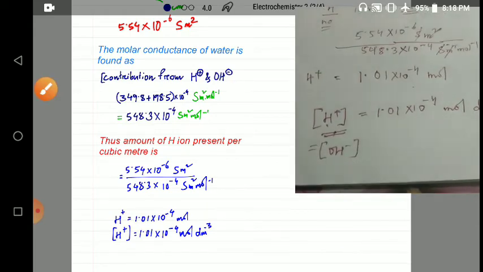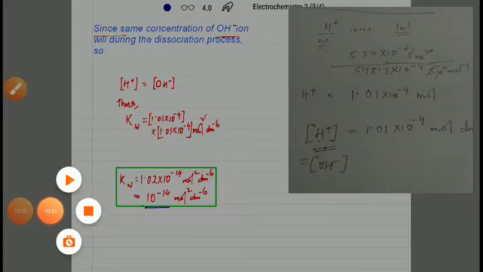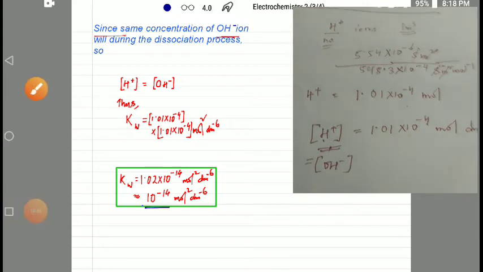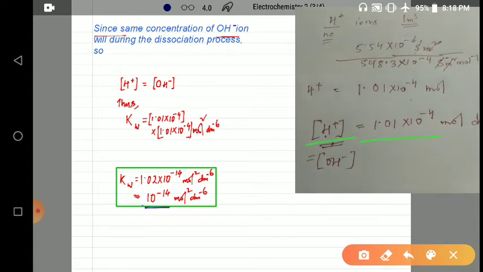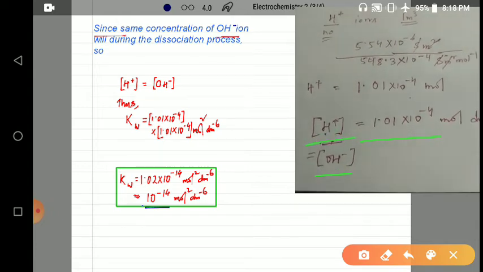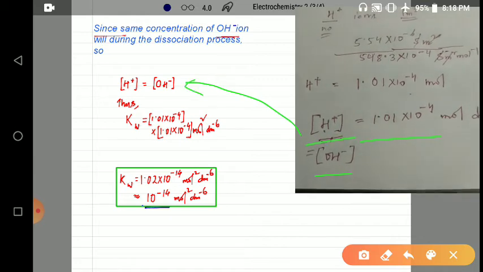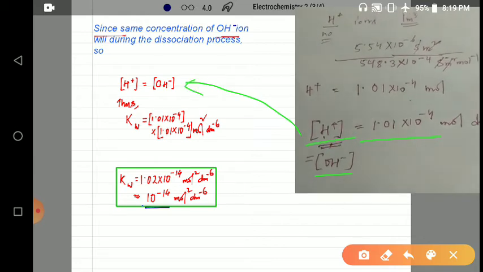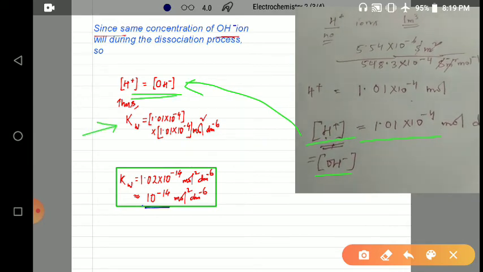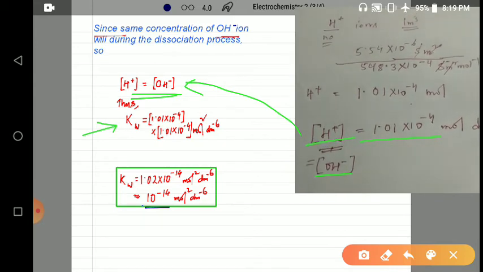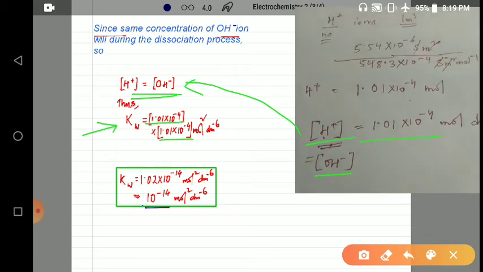Understand? Okay. So we have the H positive concentration and the OH negative concentration, and we know that OH negative is equal to H positive. Thus we can put this value in the formula of Kw. Kw is equal to the concentration of H positive into the concentration of OH negative.